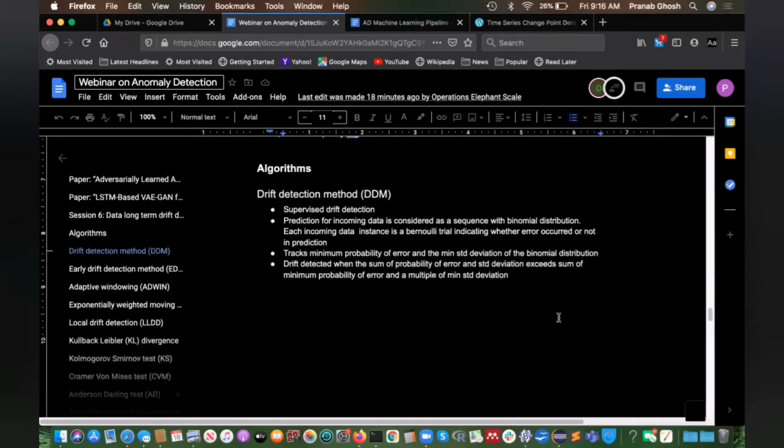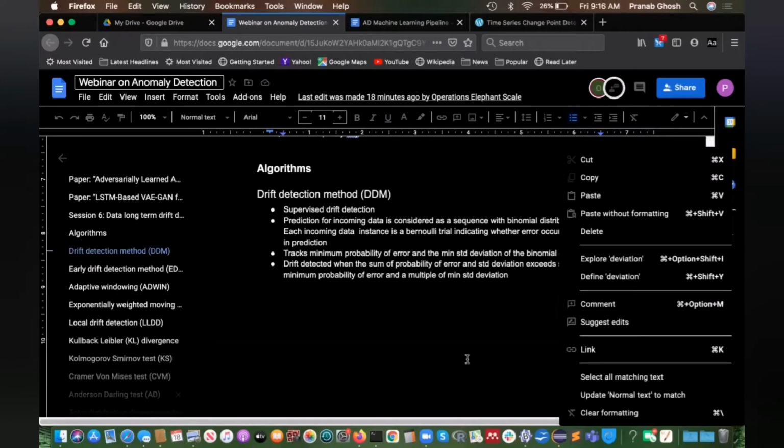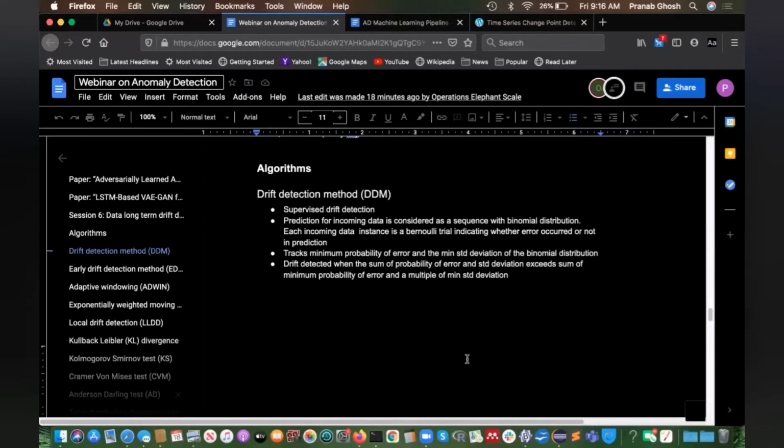So the first one is called drift detection method, DDM. If you look at the prediction that's made by a deployed machine learning model, either it's predicting it correctly or it's predicting it wrong. So if you look at that result, it's essentially a sequence with a binomial distribution. For example, 1 might be the prediction is correct, and 0 means the prediction is wrong.